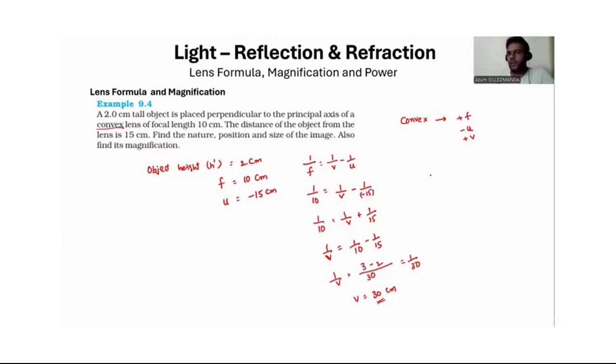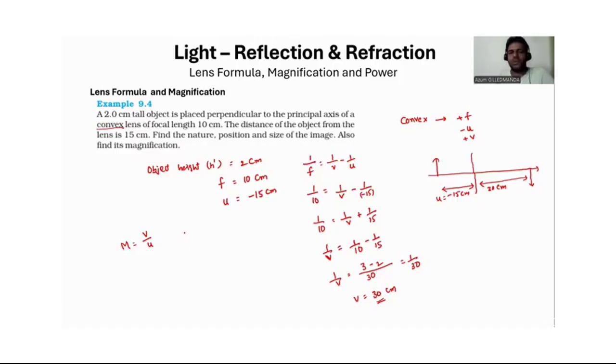That means if this is the rough sketch and this is the convex lens, then the object is at 15 centimeters, so u is minus 15 centimeters, and the image is formed somewhere far, at 30 centimeters.